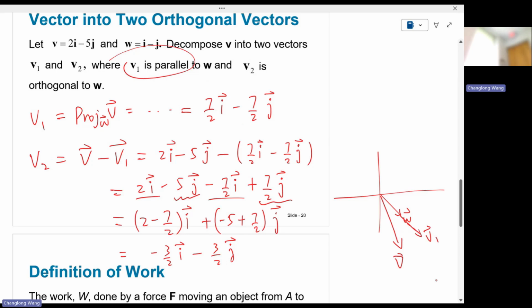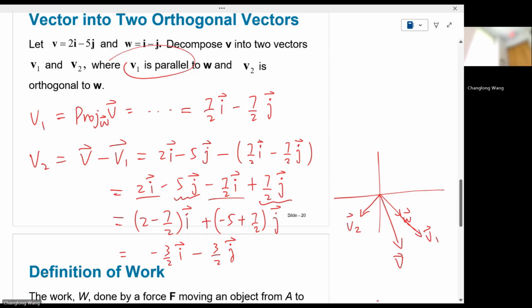Now V1 is obviously shorter than V, since you project V onto W, and V1 is the part of V that's in the direction of W, but a little less in length. But what about V2? You subtract off the component that is parallel to W, whatever is left will be perfectly perpendicular to W.